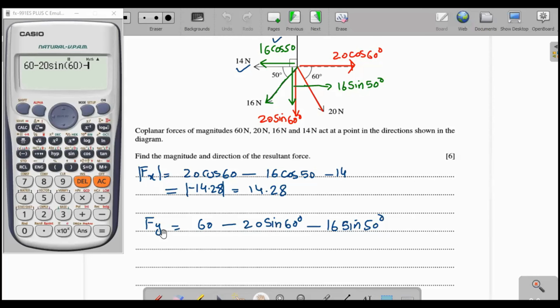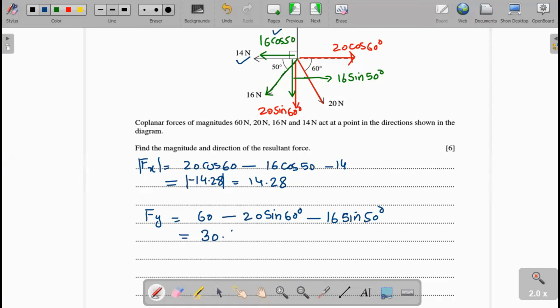Now we calculate the y component value along the vertical direction, the forces along the vertical direction. Now here we see that 60 minus 20 sine 60 degree, then minus 16 into sine 50 degree, that's equal to 30.42, and we write it as Fy, that is equal to 30.42.